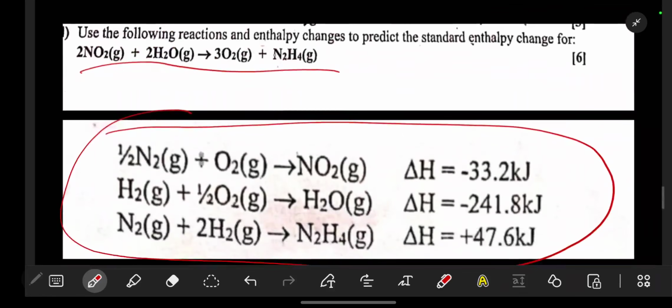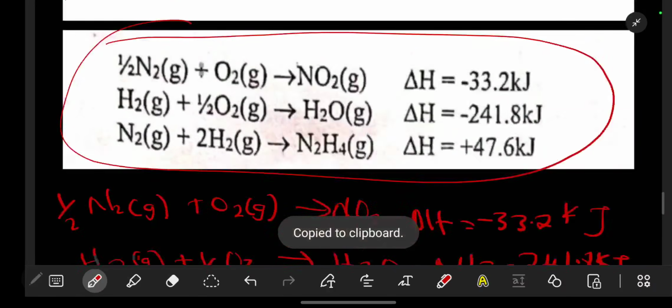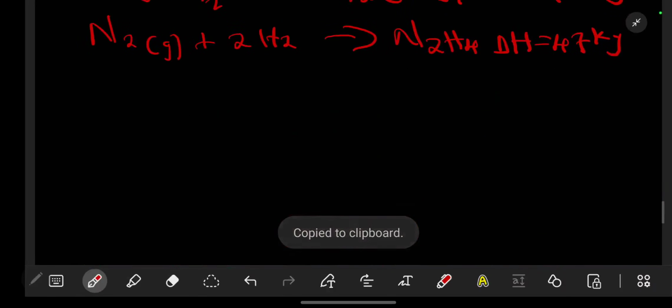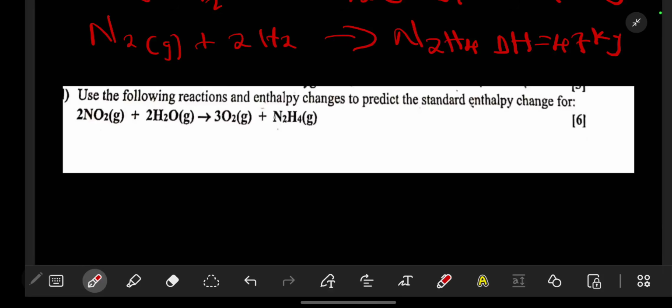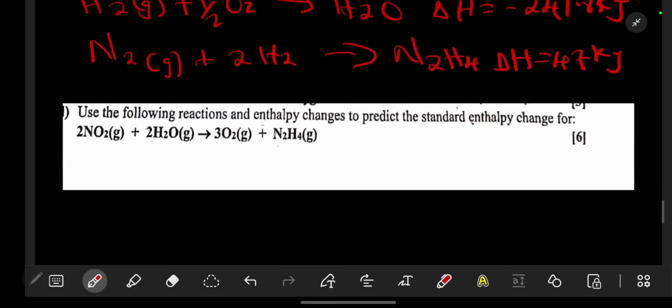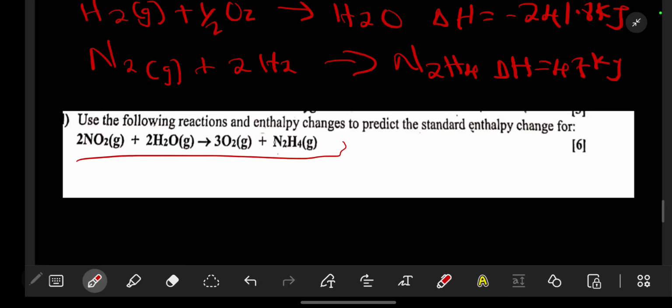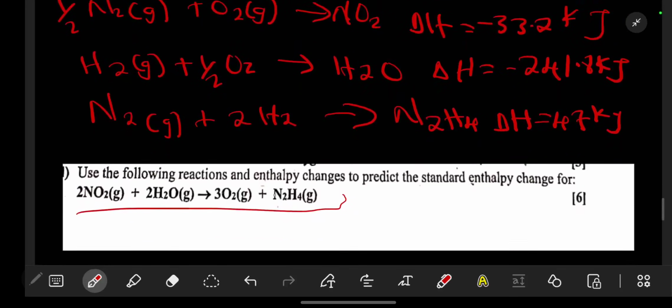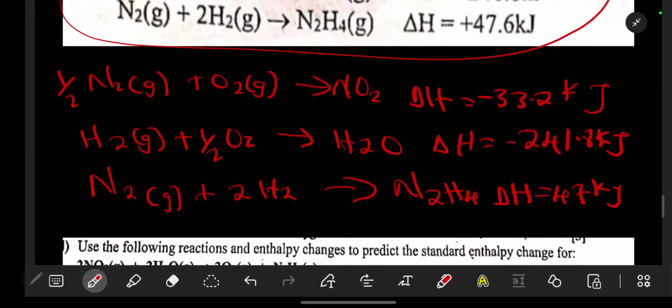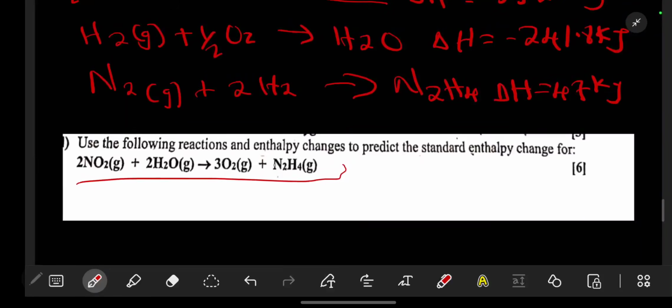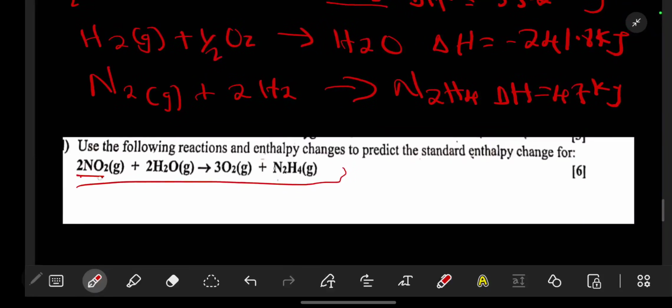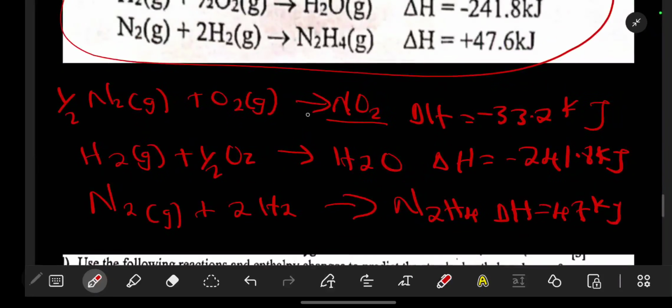So the equation where we want to get, let me copy it and put it here. So using these equations, we want to get to here. So identify the first equation. You have half N2, and NO2 is showing here. We have NO2 here and NO2 is on this side.